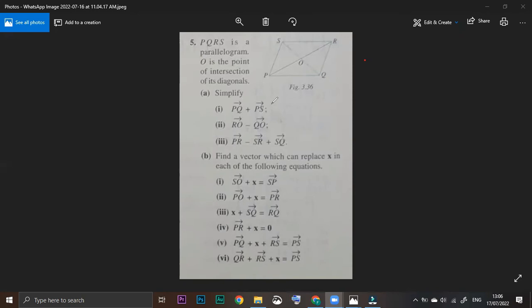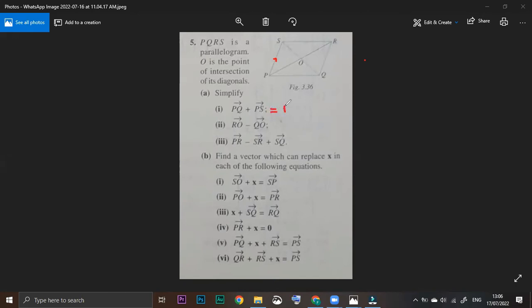Now, this one is PQ, this one is PS. We will move this vector PS to this place QR. As PS and QR are equal, PS will exactly fit at QR. Or we can say that PS is equal to QR.